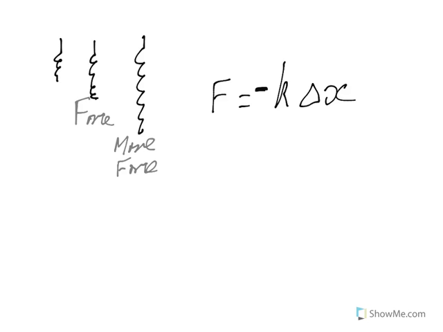This is the force that the spring exerts, and the negative here indicates that the force the spring provides is going to be in that direction, but the actual distance that you've stretched it is in the opposite direction, so that's all that negative means. So the force is negative some constant times the amount you've stretched it.